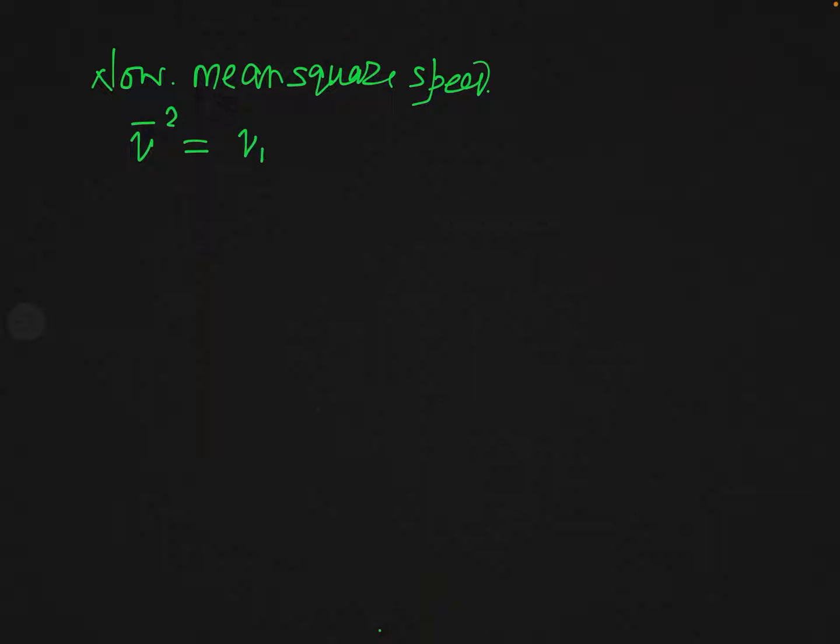We will simply add the squares of the speeds of the molecules: v1 square plus v2 square plus v3 square, and so on up to vn square, because n is the number of molecules, divided by the total number of molecules.